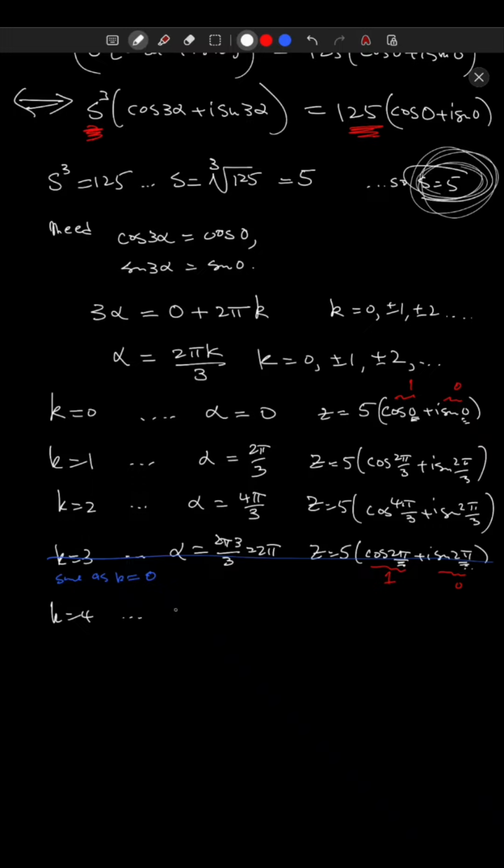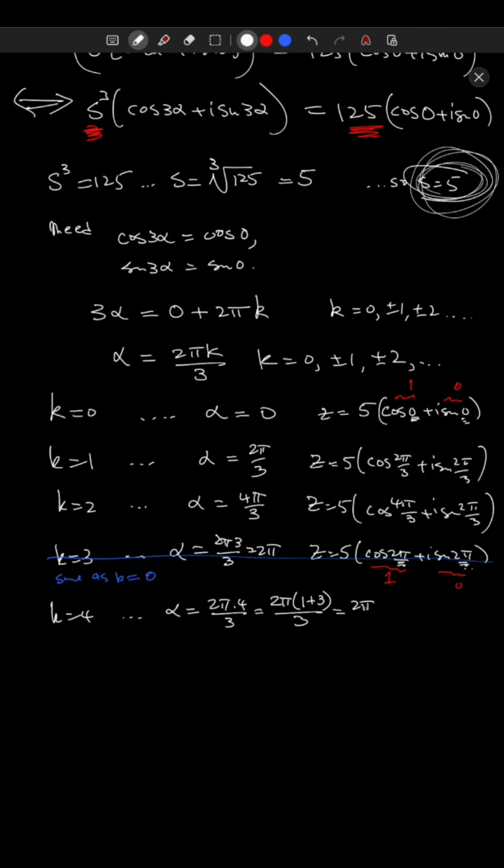What's going to happen is that means alpha is equal to 2 pi times 4 over 3. Okay? But I can think of this as 2 pi times (1 plus 3) over 3.